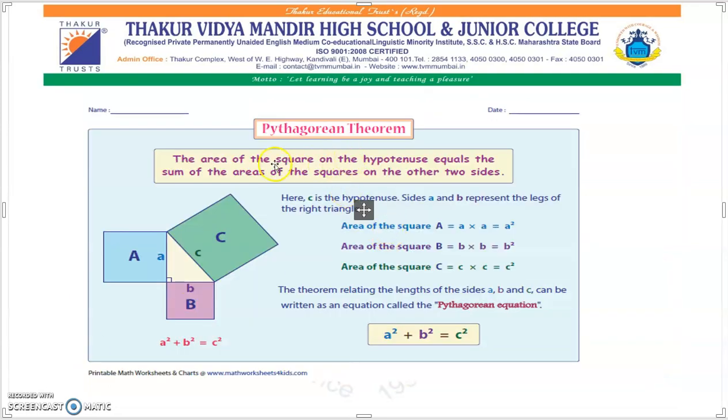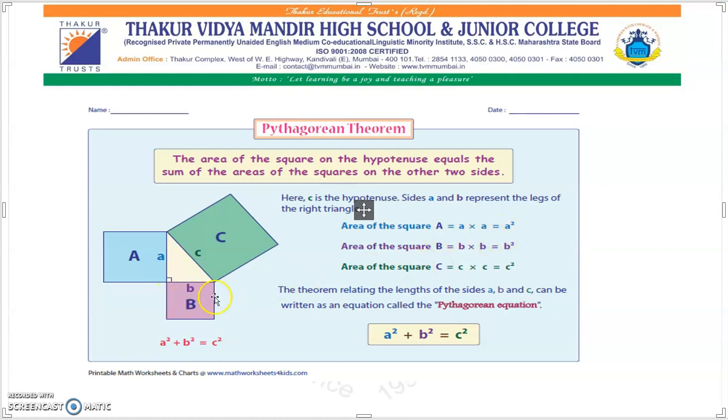Now Pythagoras theorem we can see here also. The area of the square on the hypotenuse is equal to the sum of the areas of the squares on the other two sides. See, this is hypotenuse, this is perpendicular and this is base. Base is given B, height is given A and longest side is given C. So area of square A will be what? A into A, A square.